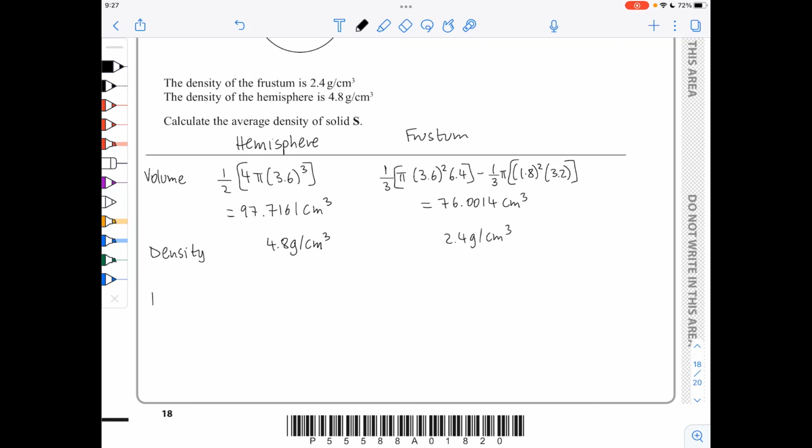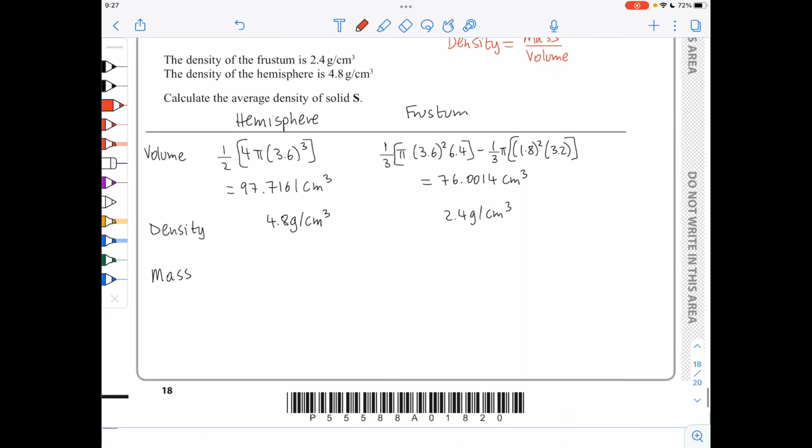Now, to find the mass, we know that density is mass over volume, so to find the mass, we're just going to be multiplying density with volume. I'm going to do 97.7161 times 4.8, which gives an answer of 169.037 grams.